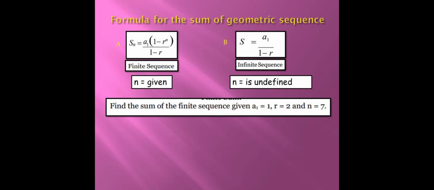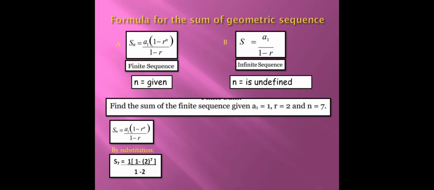So, example. So, find the sum of the finite sequence given A sub 1 equals to 1, common ratio R equals to 2, and N equals to 7. So, it is given that it is finite. So, therefore, we use formula A. Okay? So, by substitution, since our N is 7, so we can write now S sub 7.